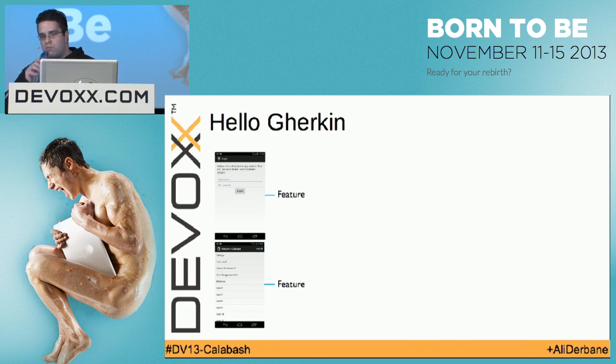What Gherkin calls these specific parts of your application, for example the login page or the options page, is a feature. So when you write your tests, you can create specific feature files for specific parts of your application.